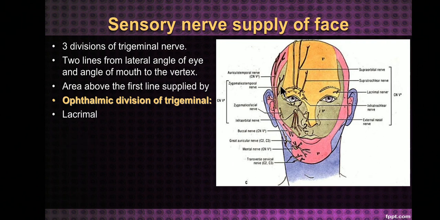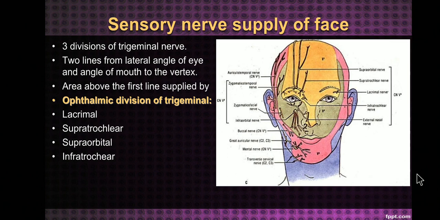Then laterally you have the lacrimal nerve, which supplies the skin over the lateral part of your upper eyelid. Then you have the infratrochlear and the external nasal nerves. So the infratrochlear again supplies your medial part of your upper eyelid, and then you have the external nasal, which mainly supplies the sides of your nose.